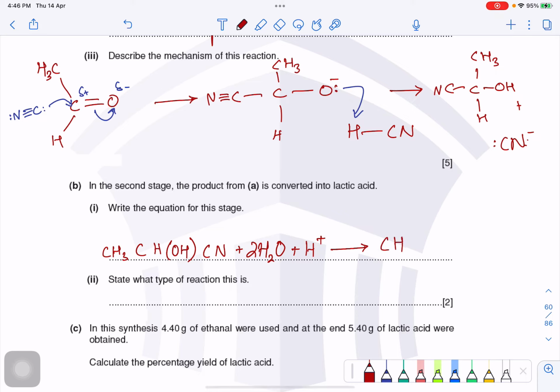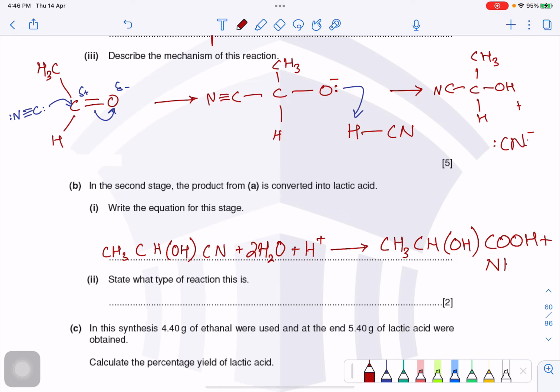So the CH3CH, nothing happens to OH because this is not really acting as an acid here. Some alcohols do act as weak acids, but that's not happening here. You're already in an acidic medium. This nitrile, however, will be hydrolyzed to carboxylic acid, and the ammonia will be made from nitrogen. Nitrogen gets ammonia, but that ammonia in presence of H positive does not stay as ammonia.